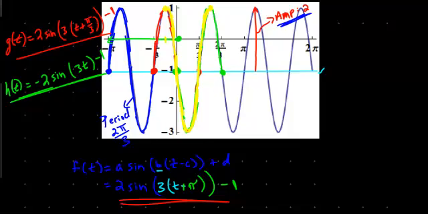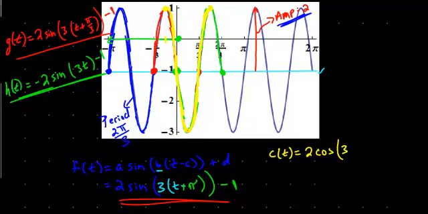So let's call it c of t for a cosine function. C of t equals, the amplitude still the same, so an amplitude of 2 times the cosine of, and so my b is still the same because the period's still the same. It takes the same amount of time to get around the unit circle.